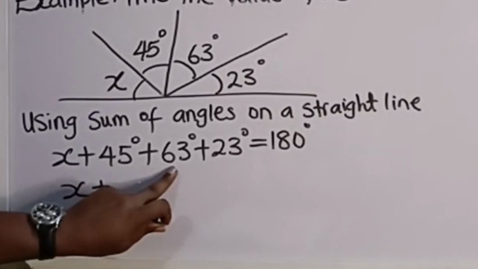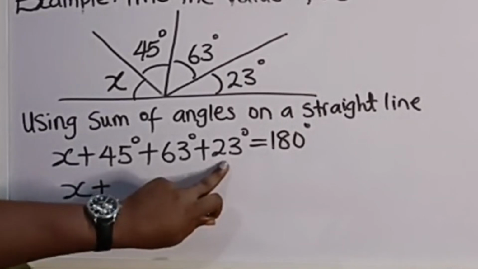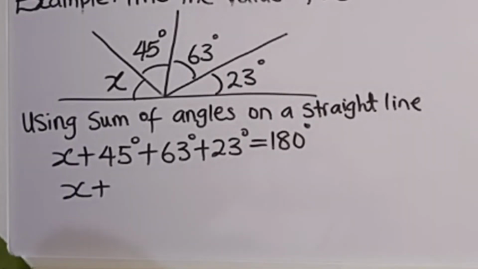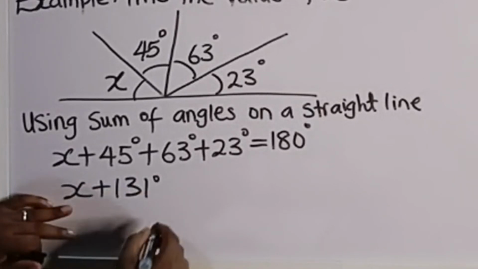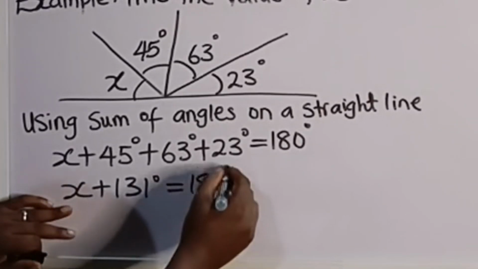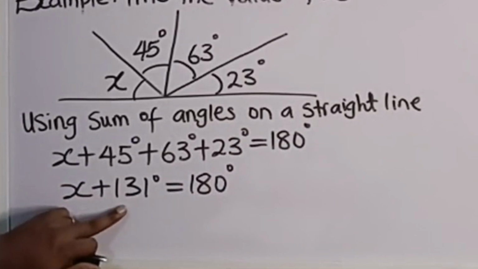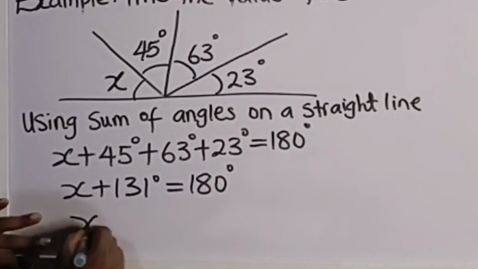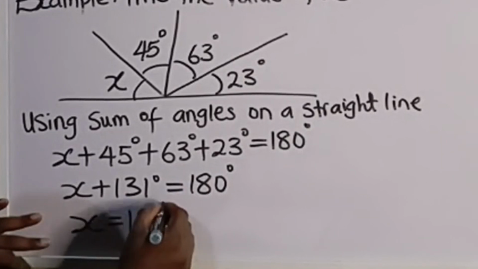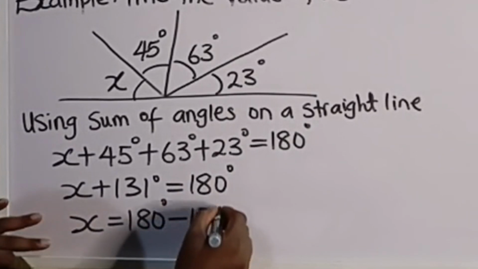45 degrees plus 63 degrees plus 23 degrees is 131 degrees. Okay, so we have x plus 131 degrees is equal to 180. So move 131 degrees to the right, it becomes a negative value. x is equal to 180 degrees minus 131 degrees.